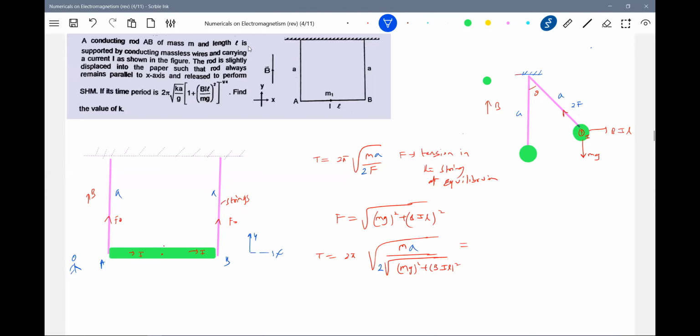Just see this part, the length of the pendulum is A, no? So this should be the A here. Okay, fine. I think this formula will make the problem very, very simple. If without this you try to work out, you'll be in big trouble.